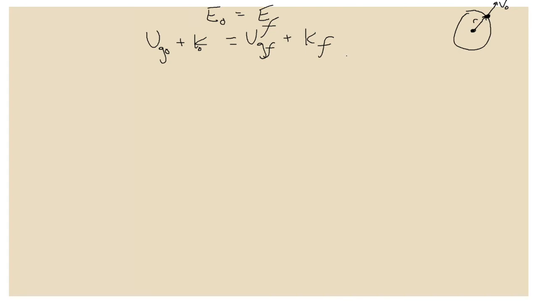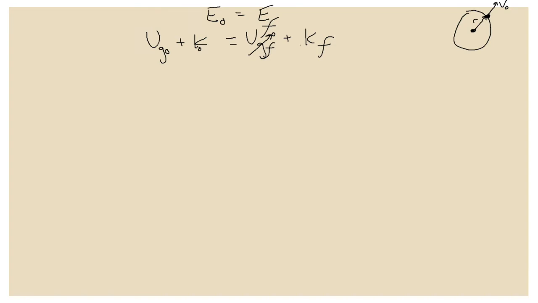Because we are saying the object is going to get to a distance which is infinitely far away, according to that new gravitational potential energy equation that we derived, when r is equal to infinity, effectively, the gravitational potential energy is equal to 0.